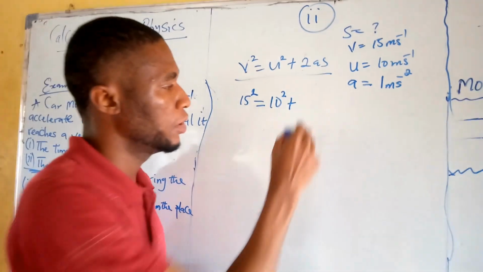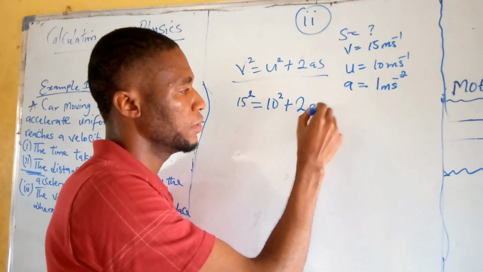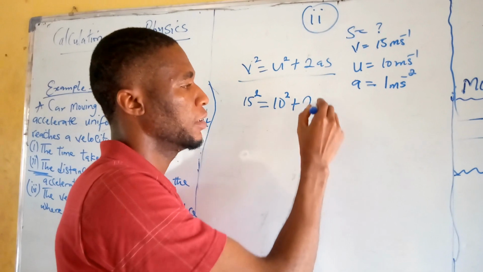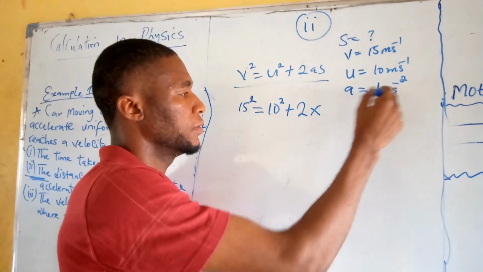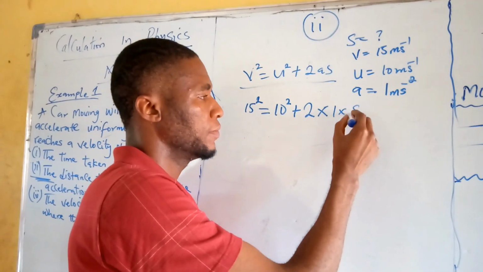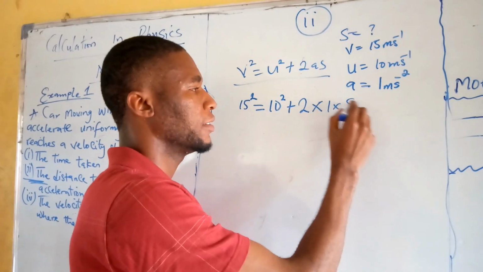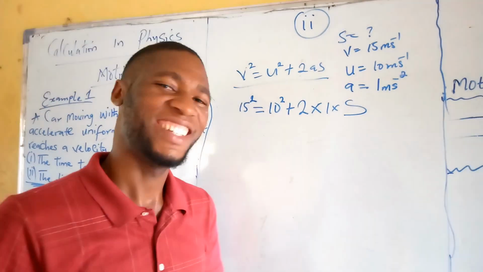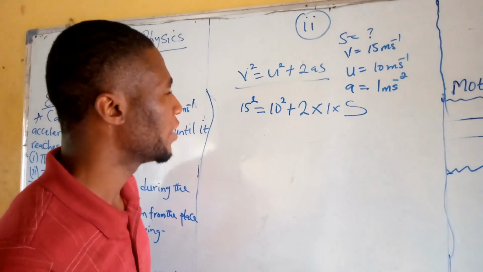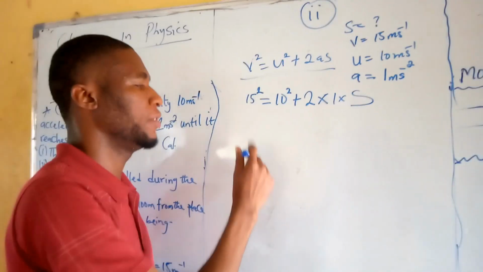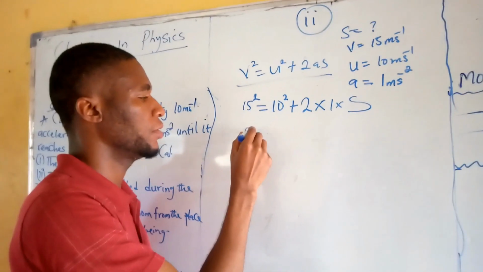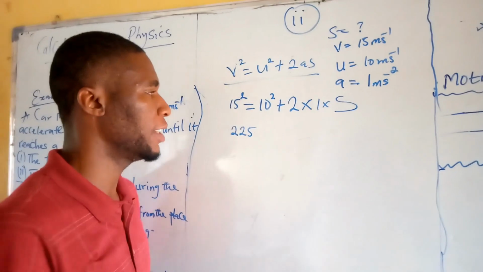plus 2as. So it is better like this. 15 square will give us what? 225, right?